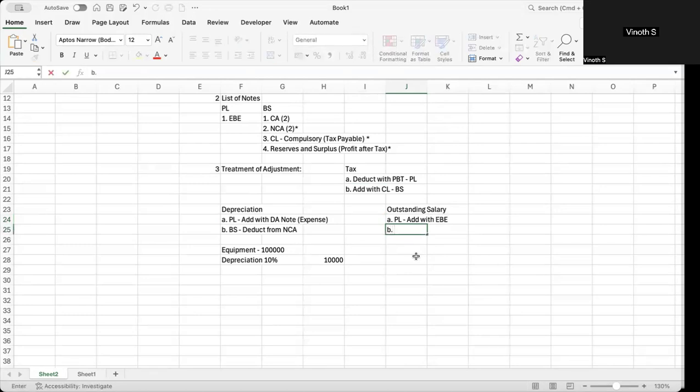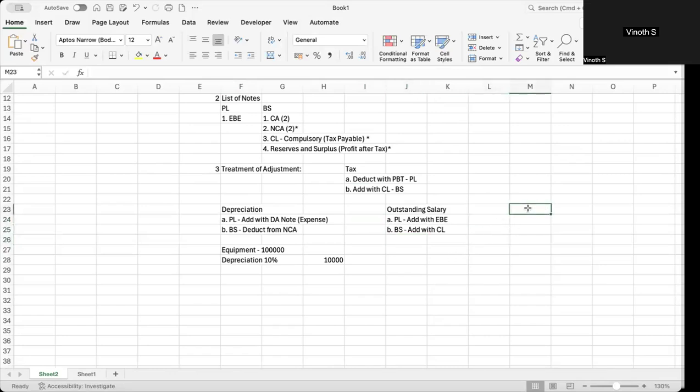Second, in the balance sheet, add it with current liability, because the amount is not yet paid to the employees. So we need to pay for that. So it will be reflected in the current liability. It should be a payable item. So this is the second adjustment.